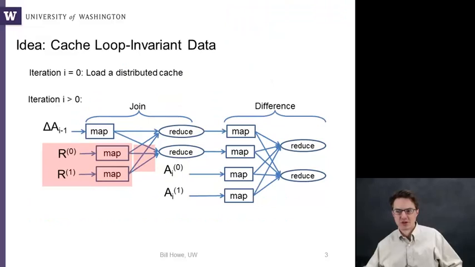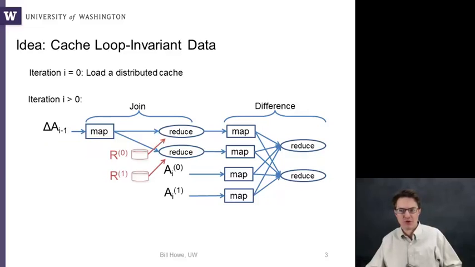So the solution here is to fill in some sort of a cache on the reducer side of the MapReduce program. So instead of shuffling this across the network, we're going to shuffle it once in the first iteration and then read it off of disk in the second iteration.